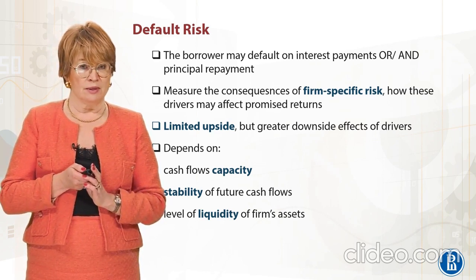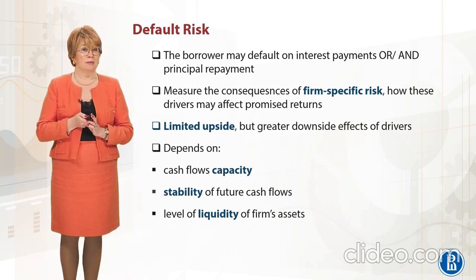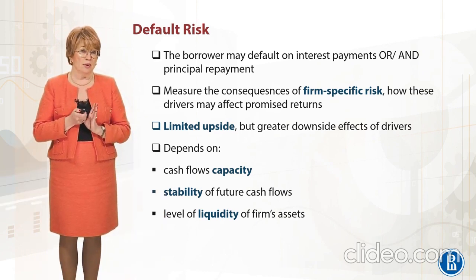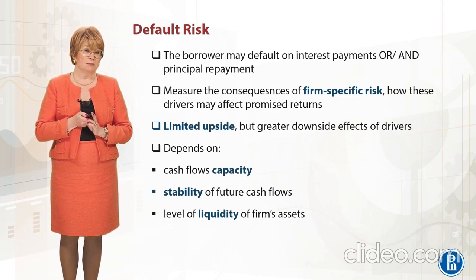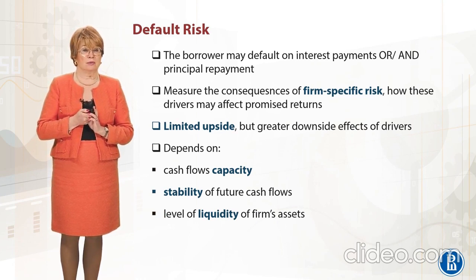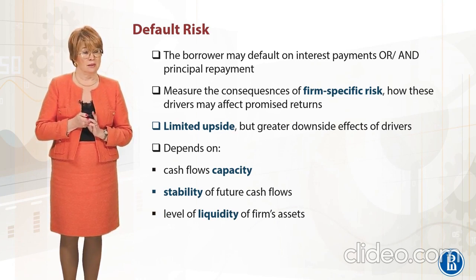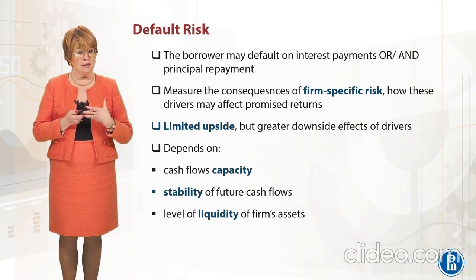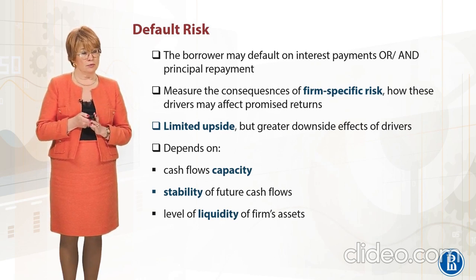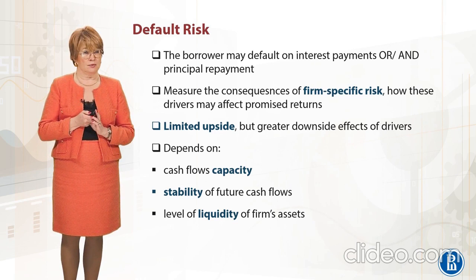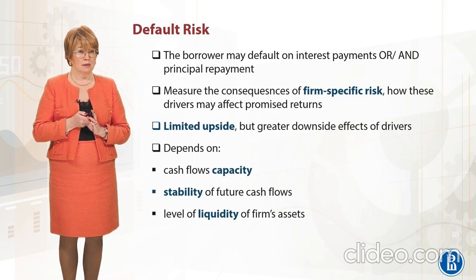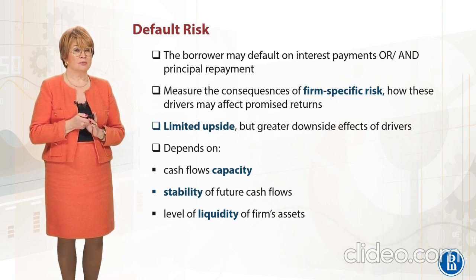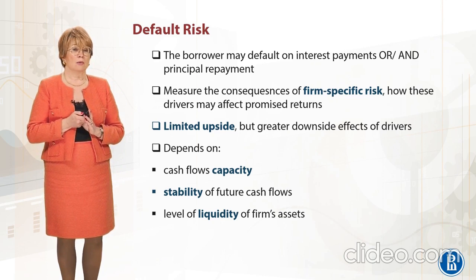But if something is wrong with the borrowing company, and these firm-specific drivers of risk have a negative impact on the company, then the borrower suffers a lot. And then the debt holder also suffers a lot, because he or she will not get interest or coupon payments in time, or even at all.